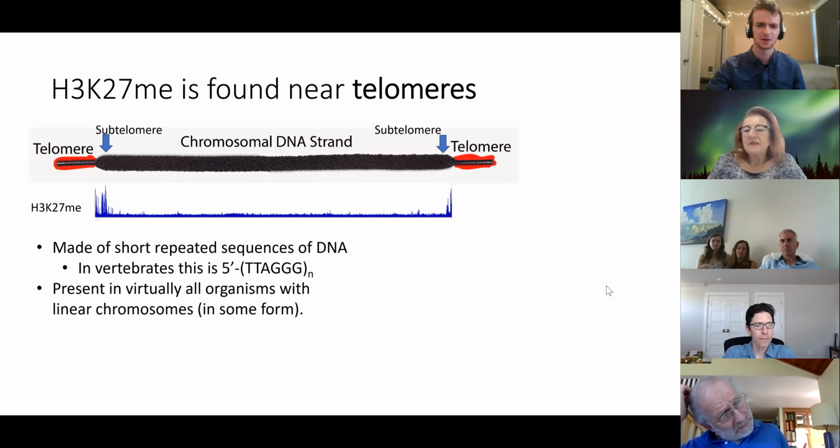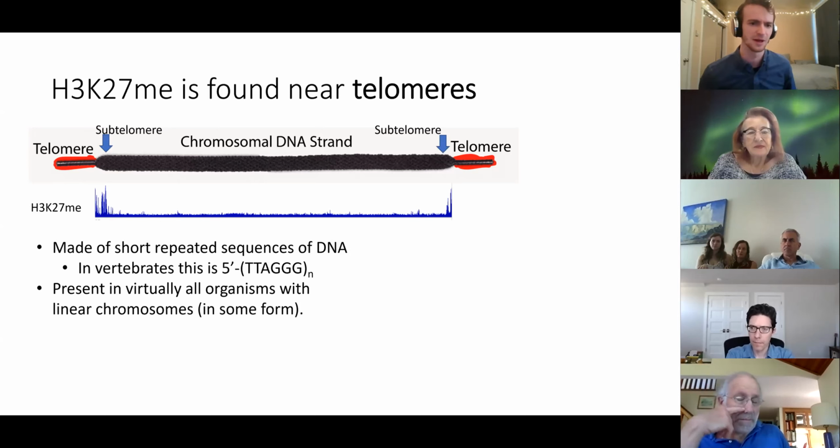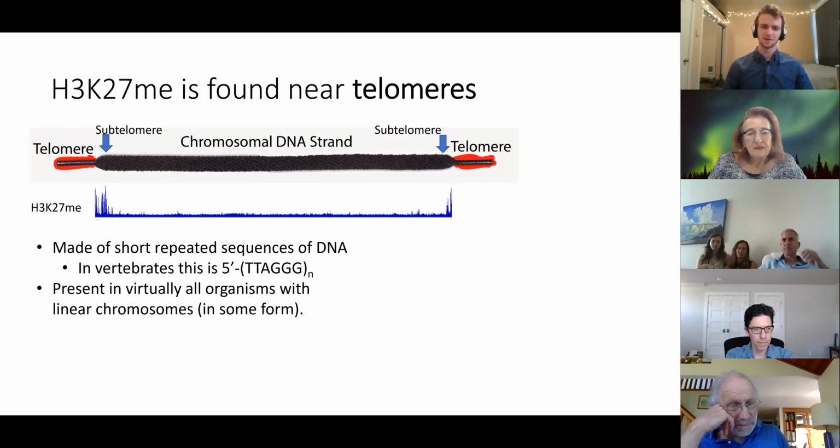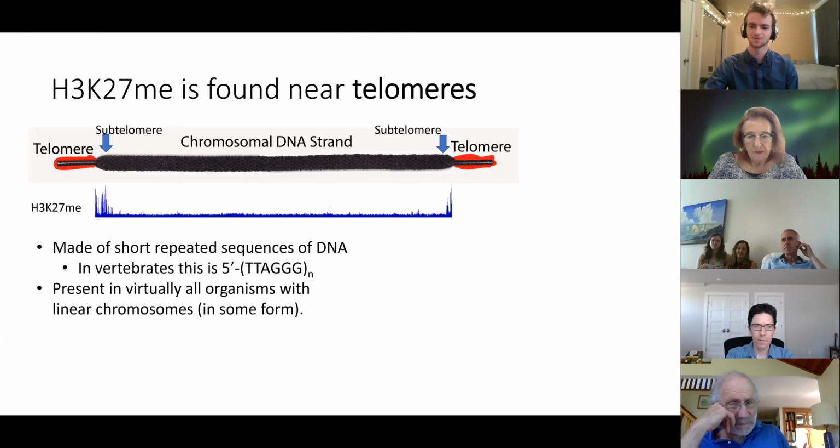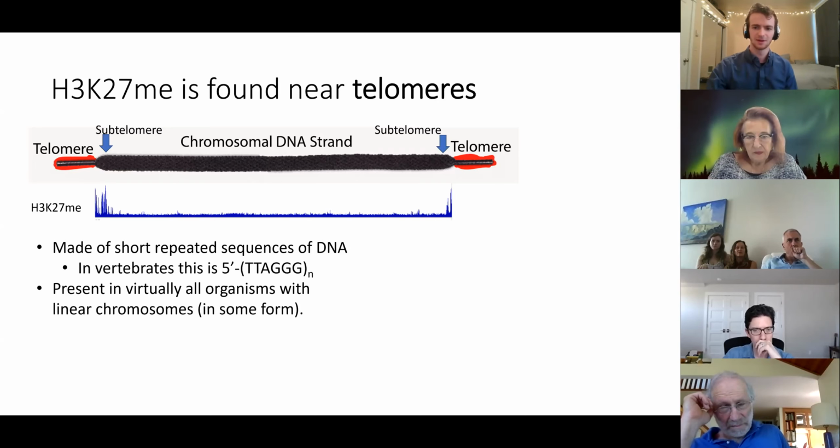This region we call the subtelomere region, which will be relevant later. Subtelomere just means it's right next to the telomeres, but not on the telomeres. So why does that happen? Why near the telomeres?